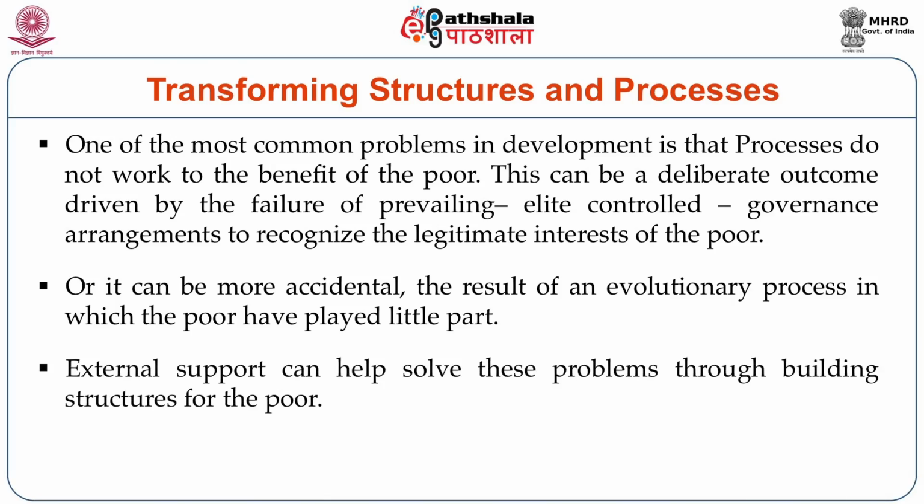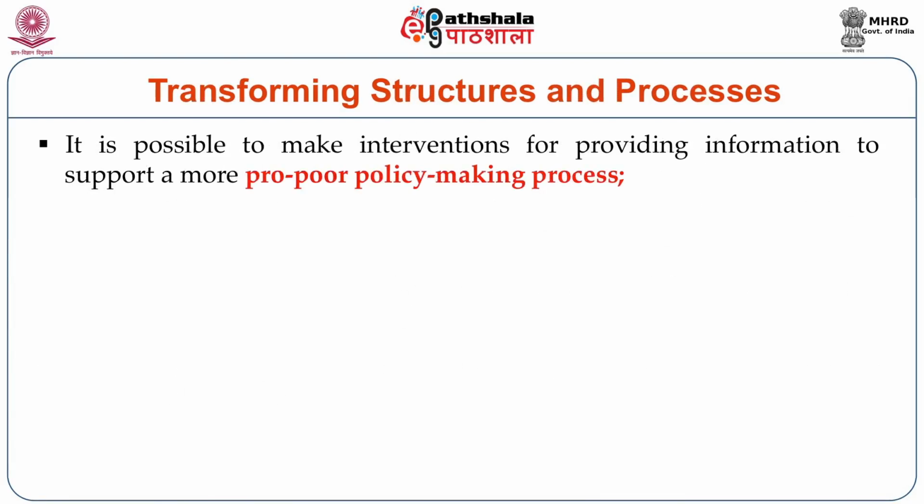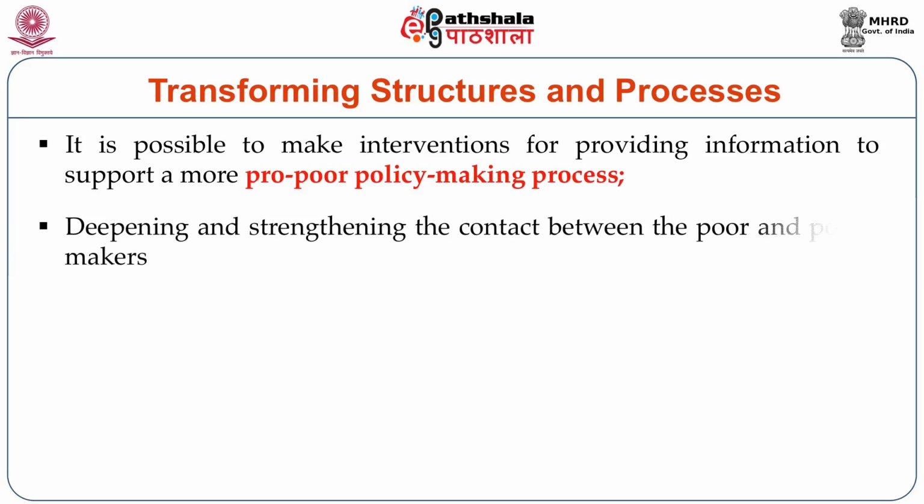External support can help solve these problems through building structures for the poor. It is possible to make interventions for providing information to support more pro-poor policy making processes. Now, deepening and strengthening the contact between the poor and policy makers is one aspect that can be looked upon.